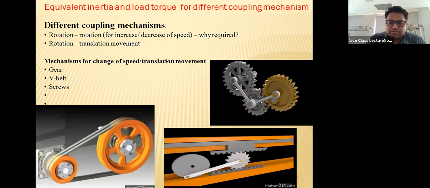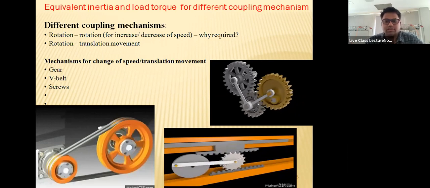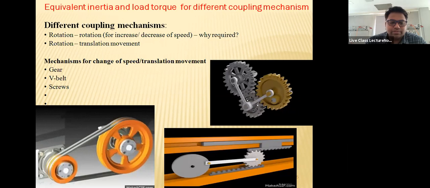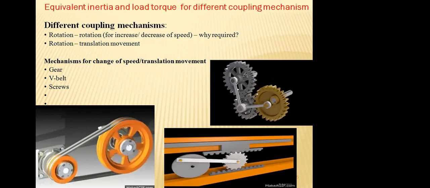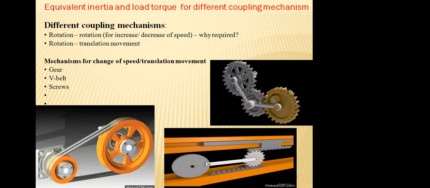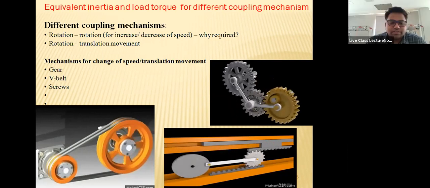I'm facing some issues with this PPT. Okay, so for the gear, the coupling is very tight. Here you see the coupling is not very tight. So there can be slippage also. If it is much more loaded, then some slips can happen, right?